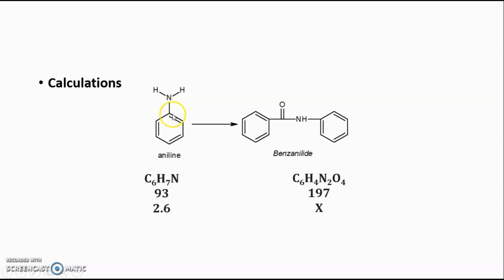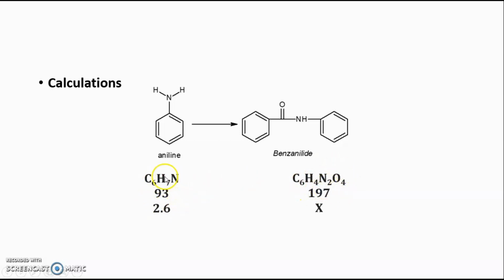So, 5 hydrogen atoms from the ring and 2 hydrogen atoms from this NH2, total 7, and 1 nitrogen. Similarly, we can calculate the molecular formula of benzanilide, which is C13H11NO.